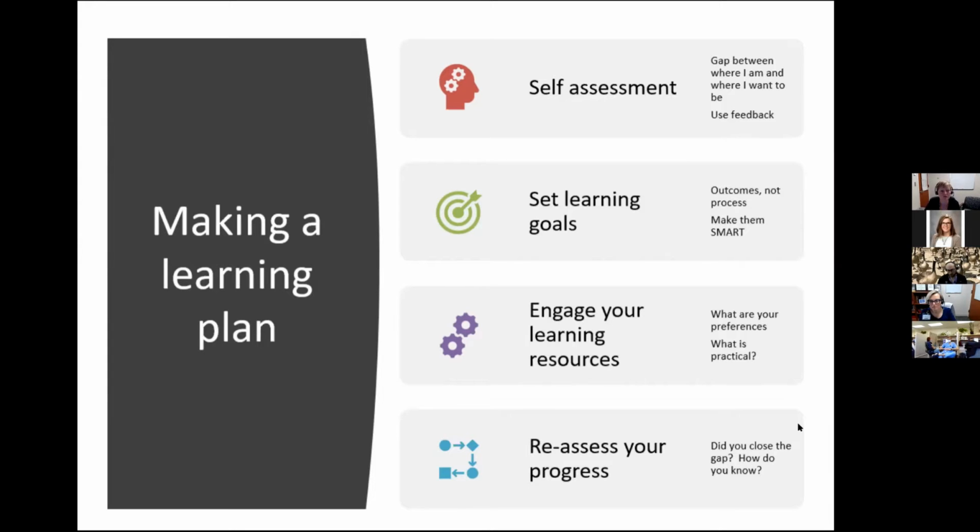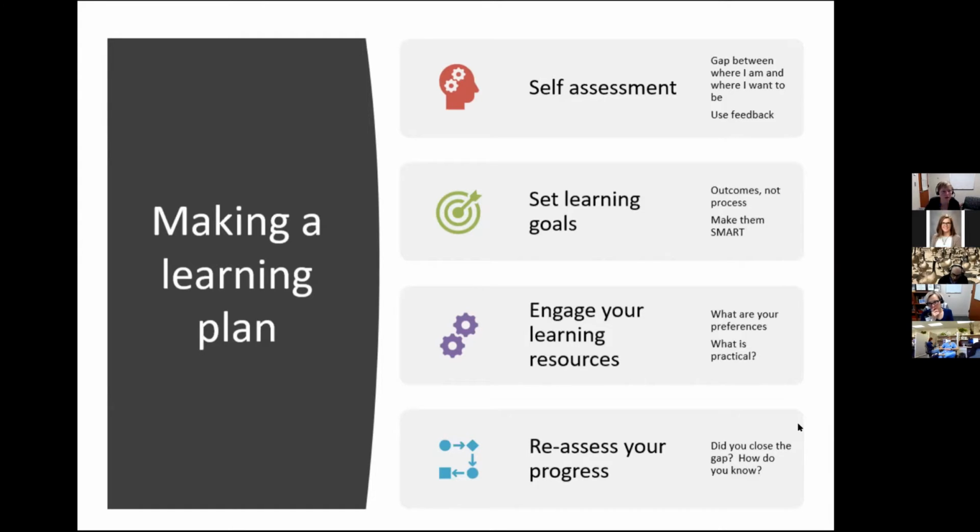For those of you who've been through your semi-annuals and have some of your milestones assessments, look at some of those places where your milestones numbers are a little lower versus the ones that are a little bit higher. Where are the places where I really want to focus my learning? Because we know that you can't do everything all at once.